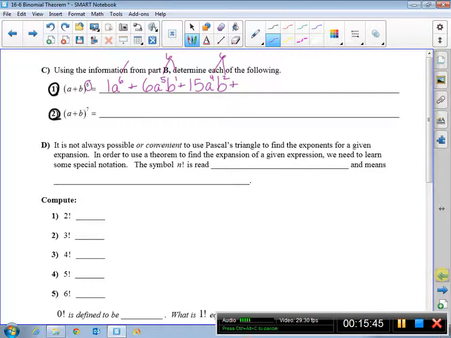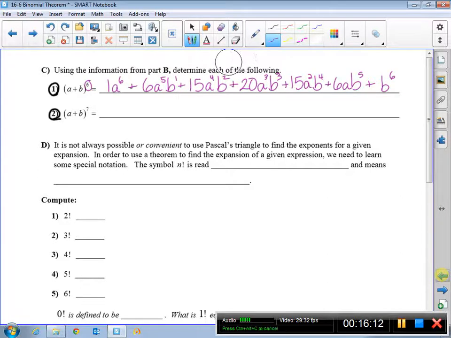So we've got as our fourth term, 20, a to the third, b to the third, plus 15, a squared, b to the fourth, plus 6, a, b to the fifth, plus 1, a to the 0, b to the 6th. All right, hope you got that.